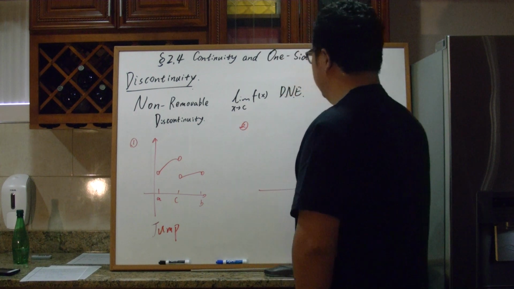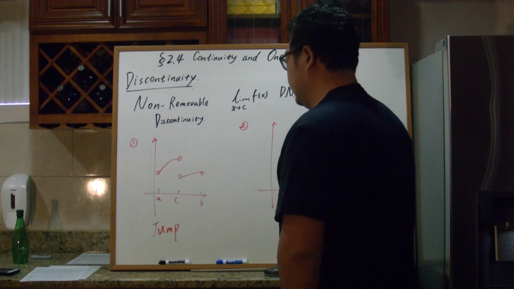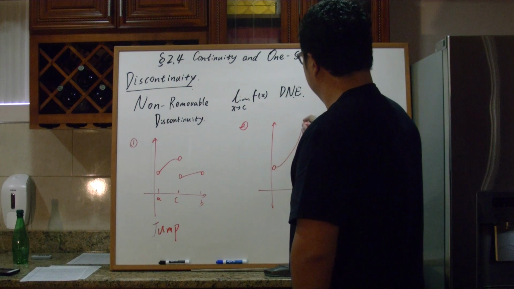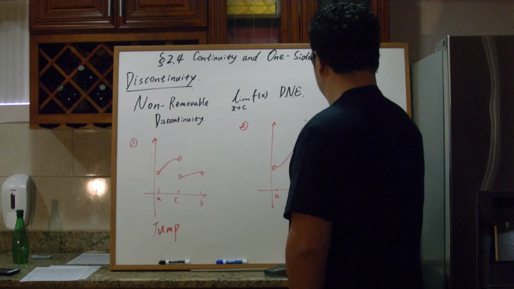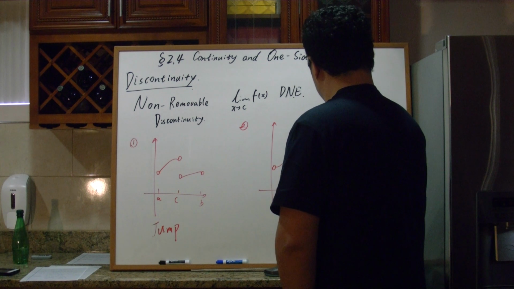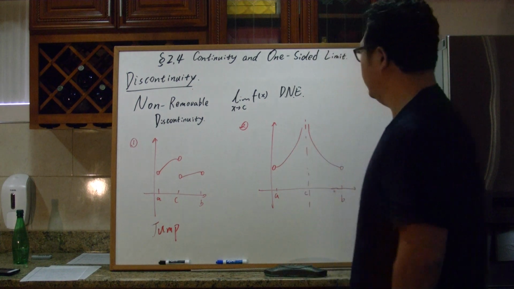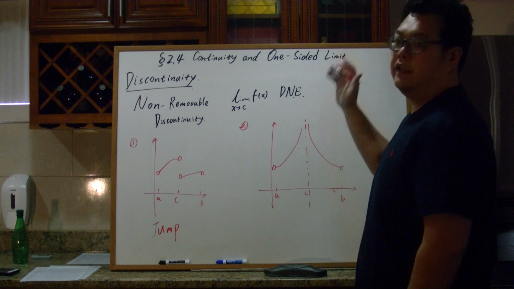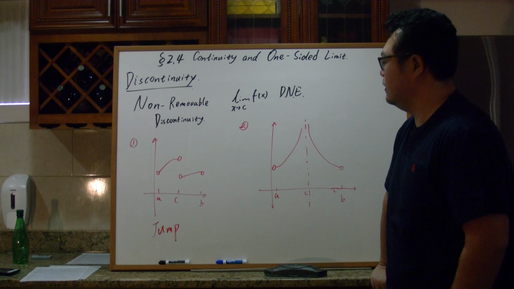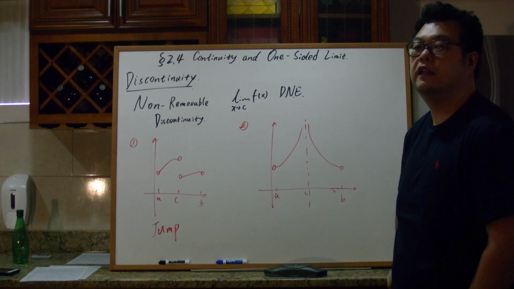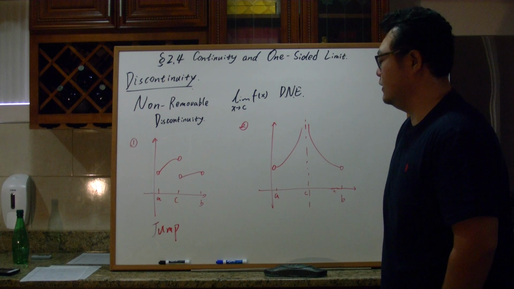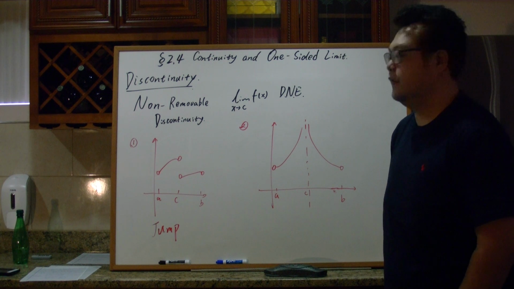Another type is where the limit does not exist because it is infinite. This occurs when the limit does not exist, since the limit from either side or both has a vertical asymptote, so it does not exist because it is infinite.